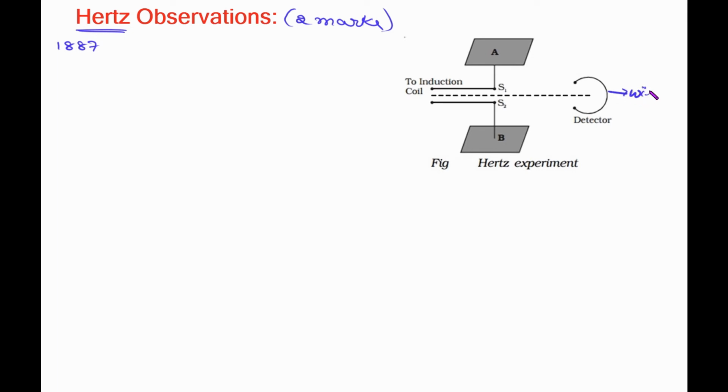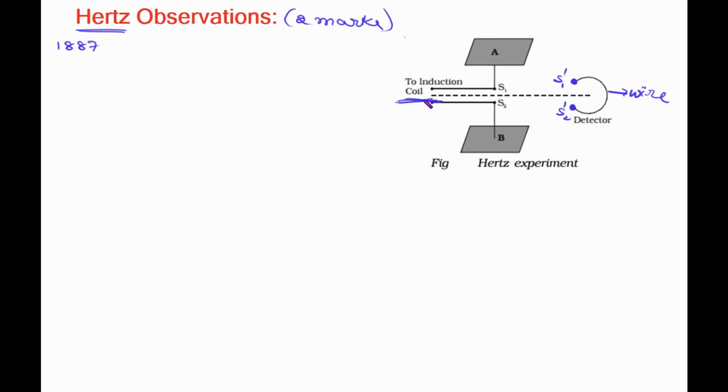It is bent into a circle shape, and 2 metal spheres are here. This is one metal sphere and this is another metal sphere. I'll name them S1 dash and S2 dash. These are the metallic spheres. The 2 metal spheres are placed at the two ends of this wire, and there is a gap between these metals. Okay, and electromagnetic radiations were produced using one induction coil.